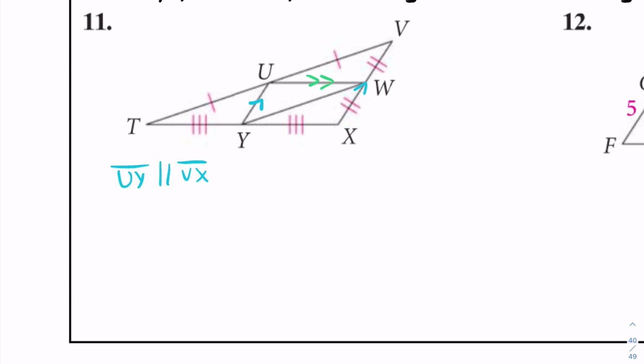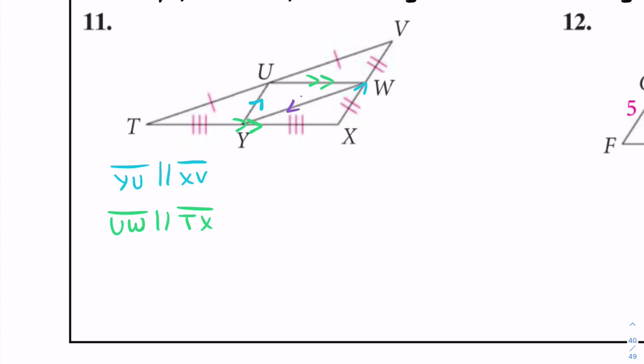I'll do YU. I'm going to go in the direction of the arrows as well. YU and XV. Okay, the next one is going to be UW is parallel to TX. I'll go in the same order. So TX is over here. And then the last one, it's weird because they're all backwards of what I was doing.